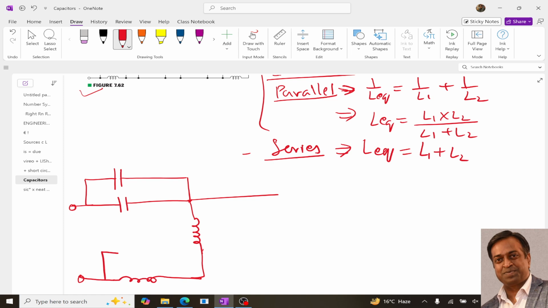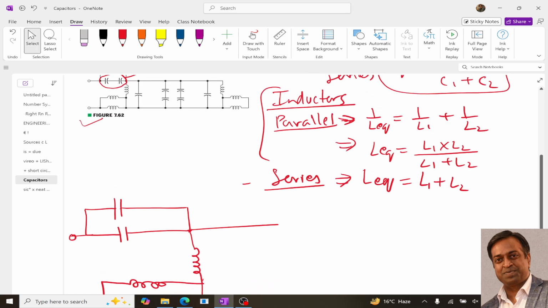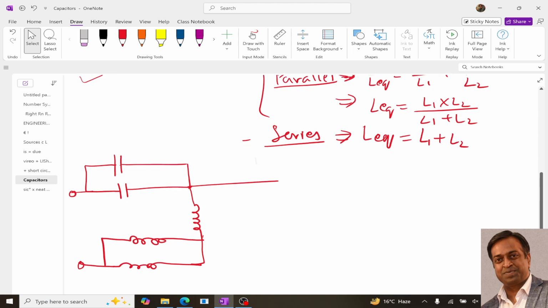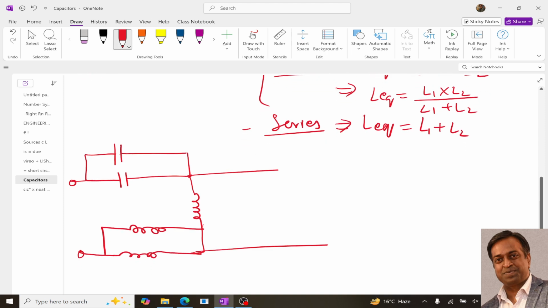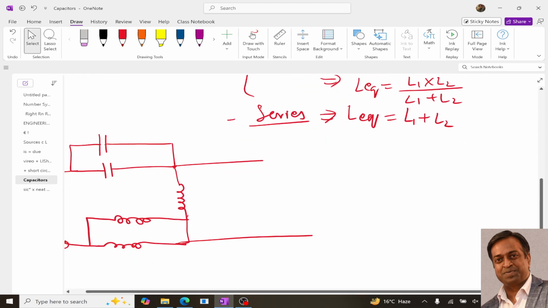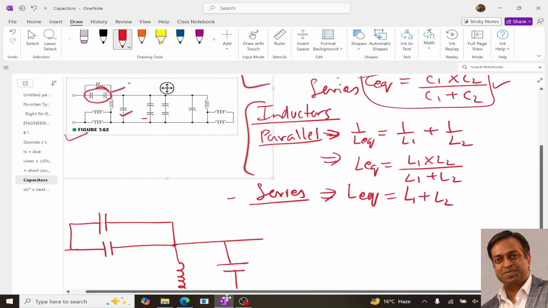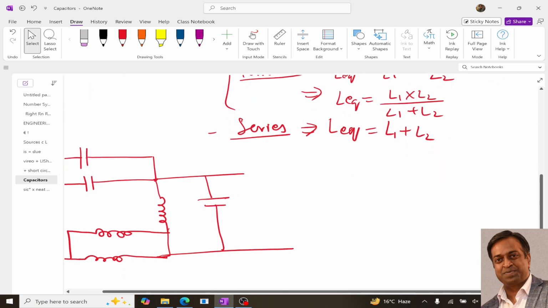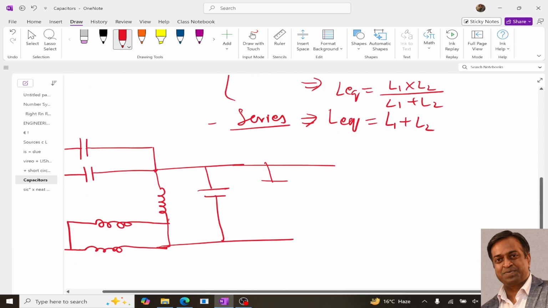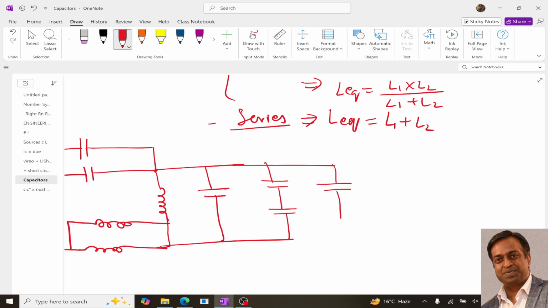Now after that we have this capacitor, so I will draw this capacitor. After this capacitor we have another parallel branch with two capacitors and two capacitors, so I will draw that also, this and this and this and this.